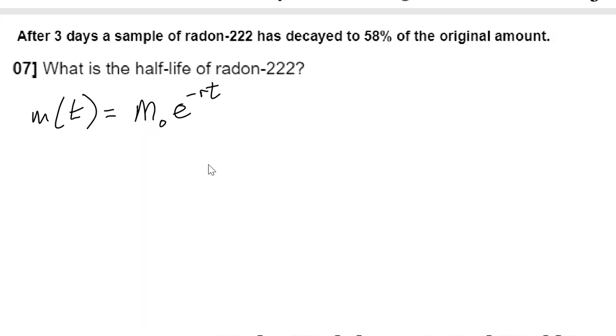And we're going to have to figure out what R is in order to be able to figure out what the half-life is.